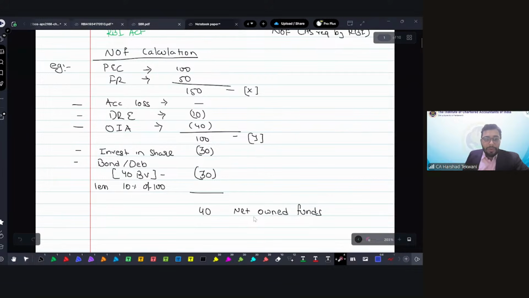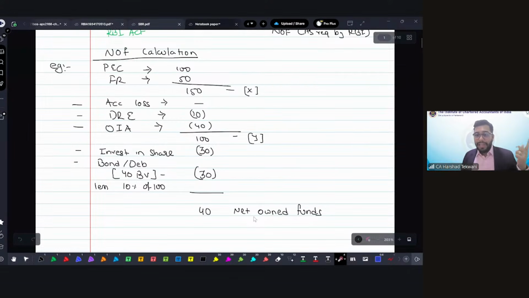Any other doubts? Sorry, is that only with respect to the same group company, or different types also? See, outsiders also we need to consider for this investment in shares. For shares it is same group, subsidiary, and all other NBFCs.